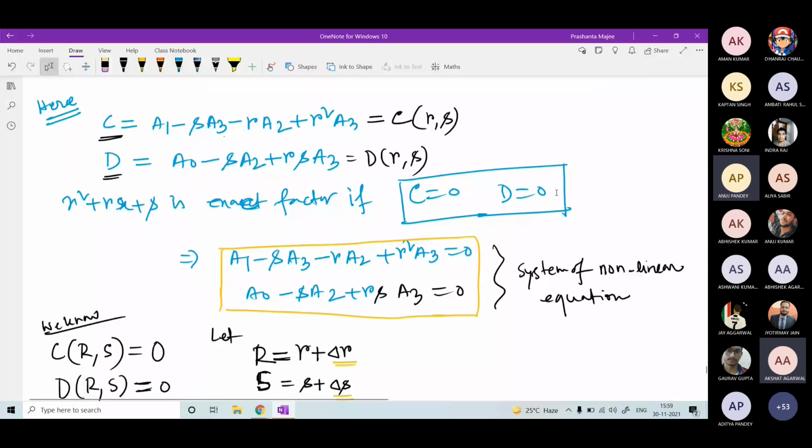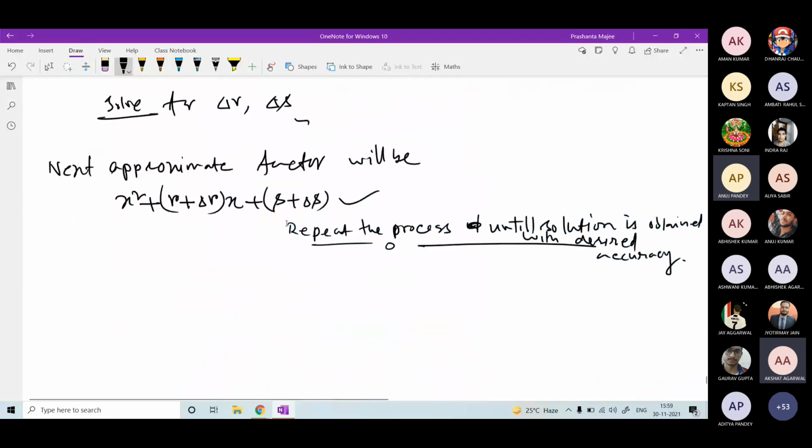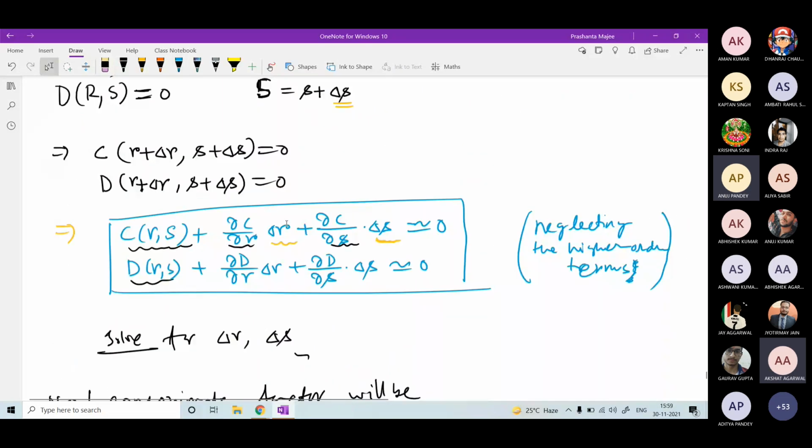If you knew how to solve nonlinear equations, then you could easily have obtained the values of r and s from these two equations. But since you do not know, that is why these iterative procedures are used. Okay, so any doubt?